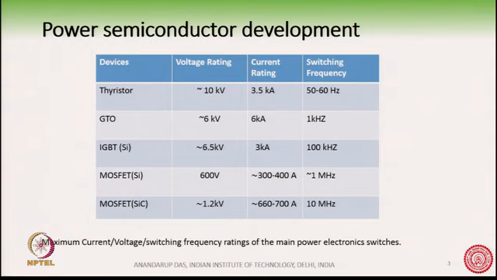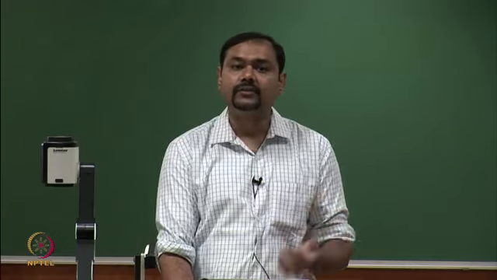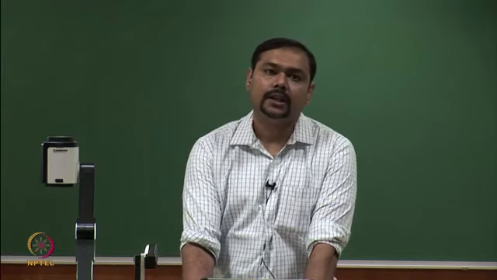For example, 600 volt, 1200 volt, 1700 volt, 2300 volt, 3500 volt, 4500 volt and 6500 volt. So, different voltage ratings, and for each voltage rating we have a large number of current ratings available for these IGBTs.